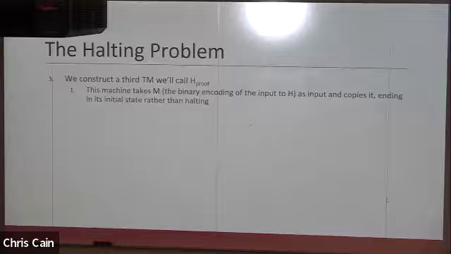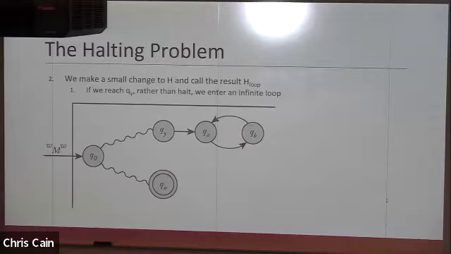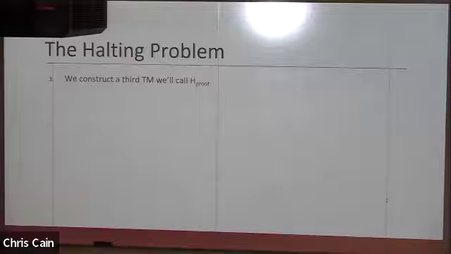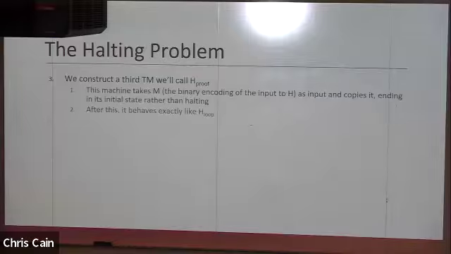We're going to feed this H loop into H proof as both the machine and the string as its input, which is a really strange idea, but this ends up working really strangely. After we do this, it behaves exactly like H loop. So we're feeding the concept of H loop into H proof with the goal of seeing whether it accepts that H loop halts and accepts H loop as the string, or doesn't.